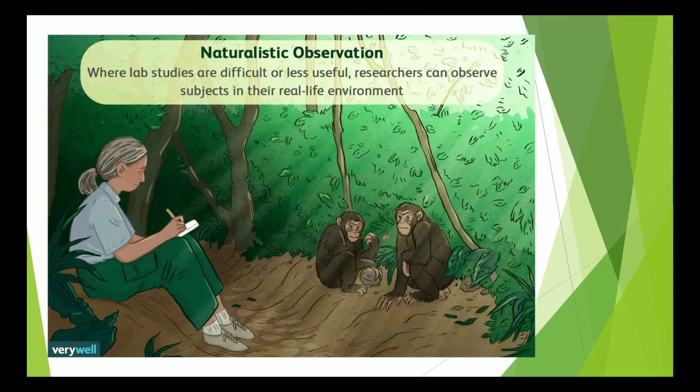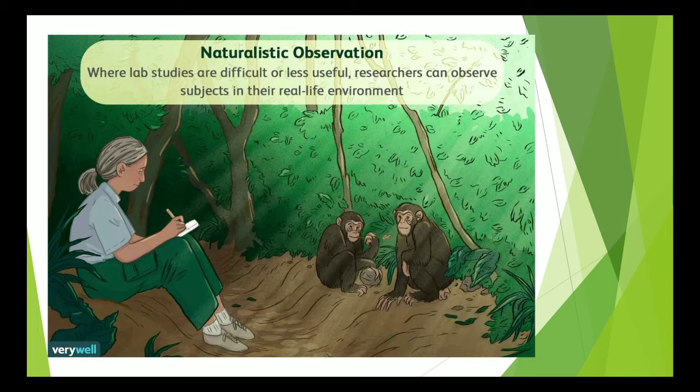Over here in this photo, you are seeing a famous observational researcher, that is Jane Goodall. She has done research on chimpanzees, and her research was very famous when we come to the study of chimpanzees.